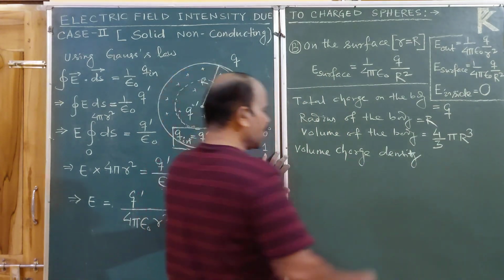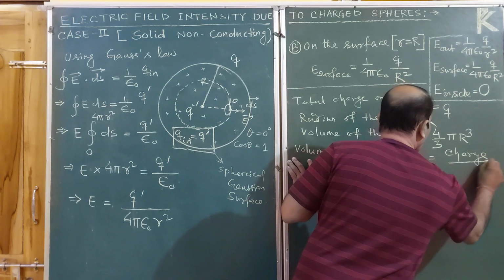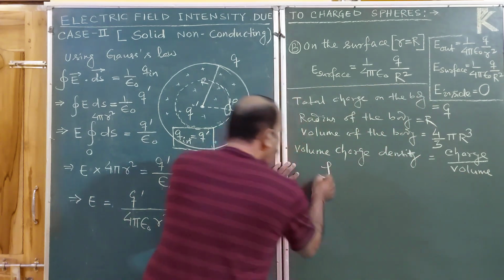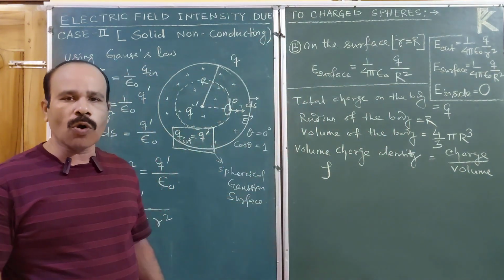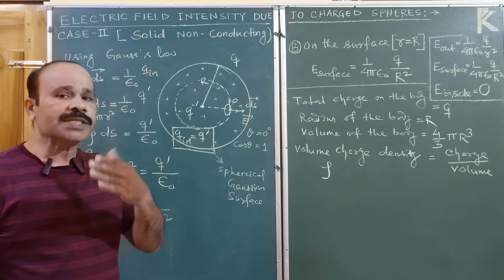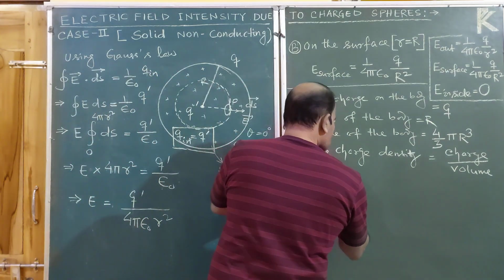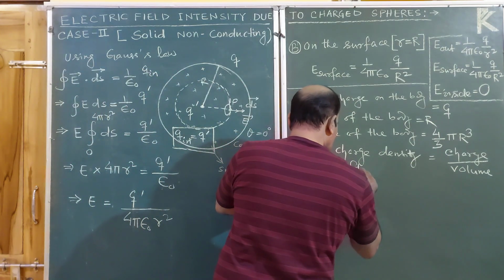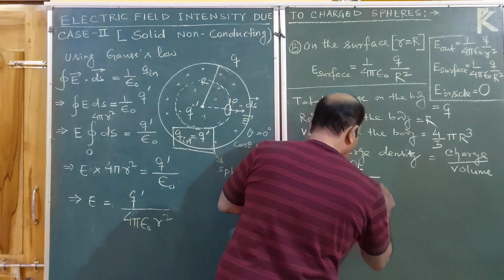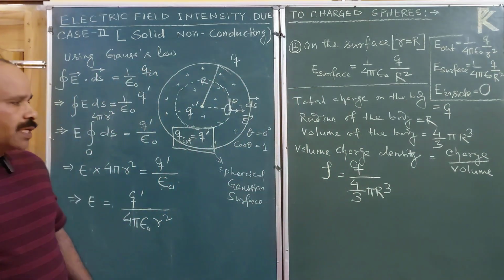So volume charge density is equal to charge per unit volume, which is represented by rho. You know, linear charge density lambda, surface charge density sigma, and volume charge density rho. So charge, total charge q divided by volume 4 by 3 pi r cube. This is my volume charge density.